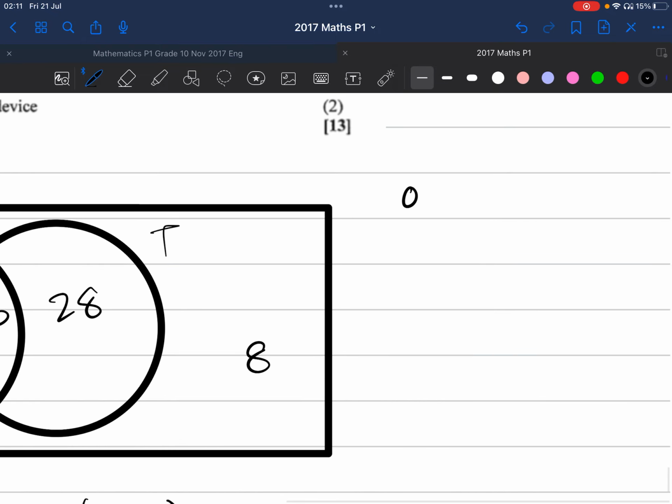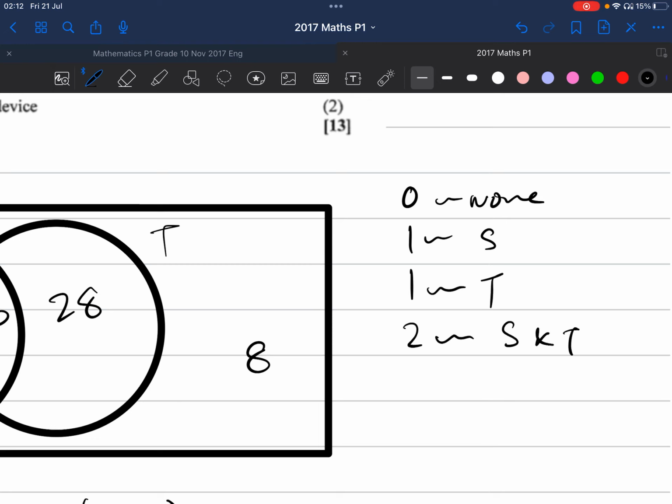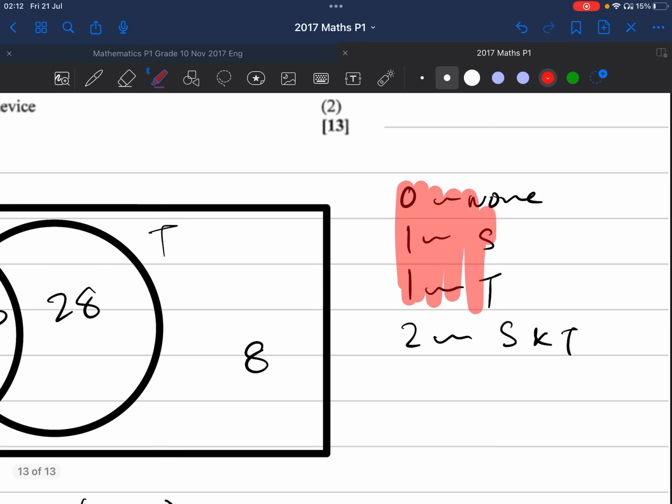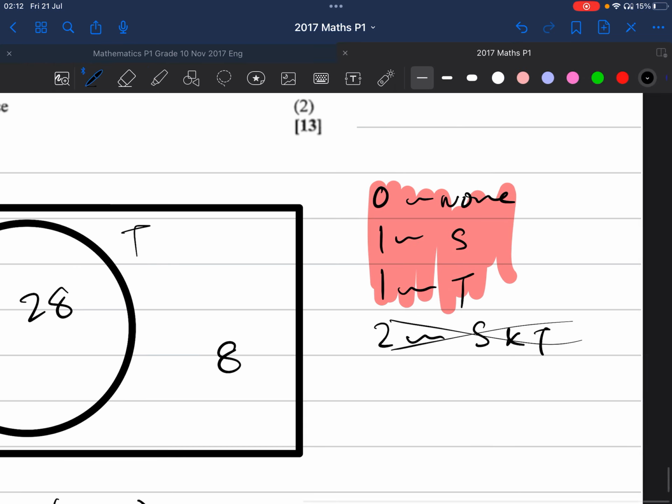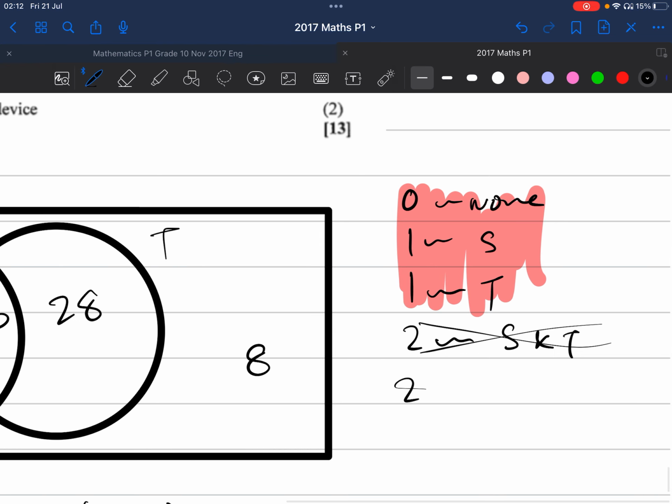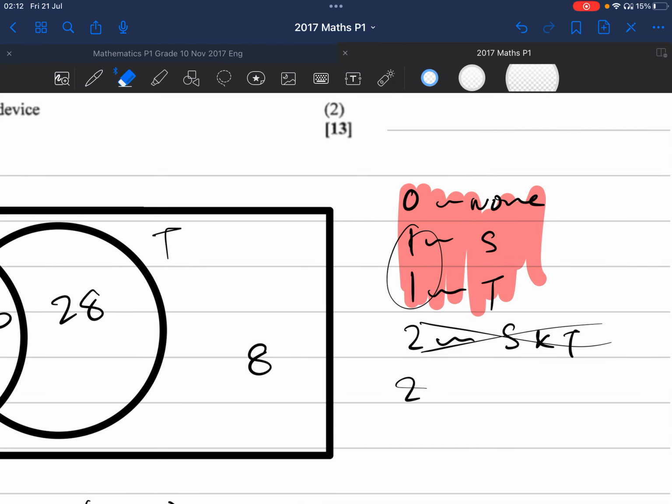You can own 0 devices, and that's none. You can own one device, so that's either a smartphone, or a tablet. You can own 2 devices, and that's a smartphone and a tablet, right? So they're asking for at most one. So that means you must account for all of these possibilities except this one here, because that's 2 devices, but they're saying the max is 1.